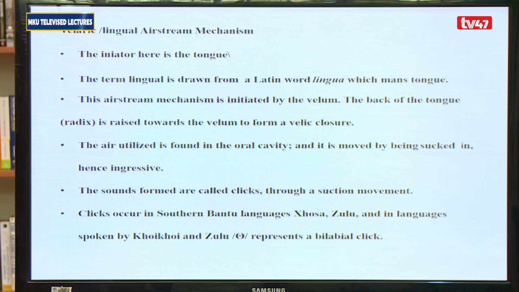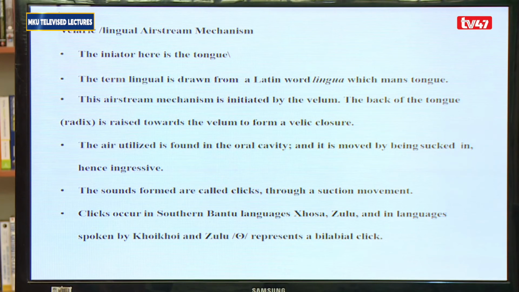So in the production of sounds produced by this particular airstream mechanism, we have the velum that is involved. There is air in the oral cavity that is already there. When this air is moved by being sucked in, then we have an ingressive velaric sound being produced.